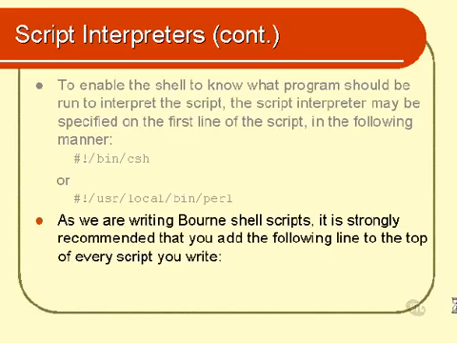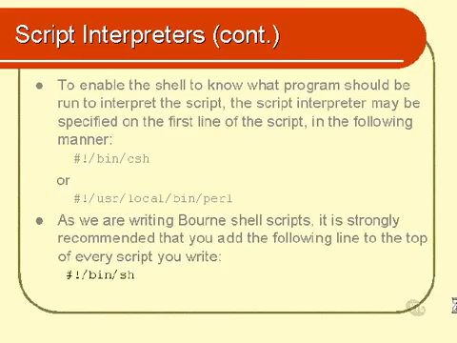So what I advise all of you, as quickly as possible, is to get into the habit of writing scripts with a script interpreter specified on the first line. In other words, if it's going to be a Bourne shell script, you would put that line at the very beginning of each script that you write. If you don't put it there, your script will not run correctly if it is started by someone who is not using the Bourne shell as their login shell.